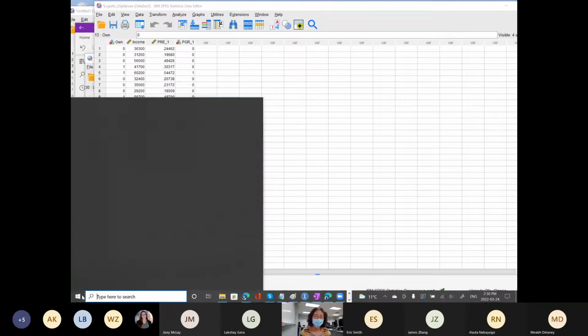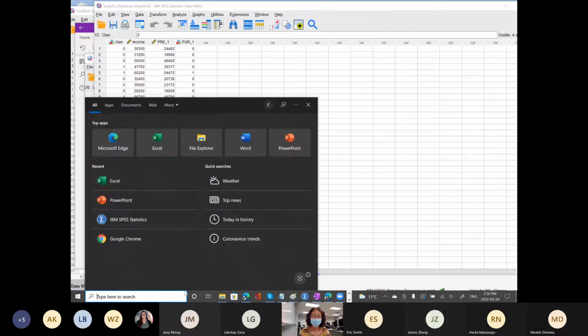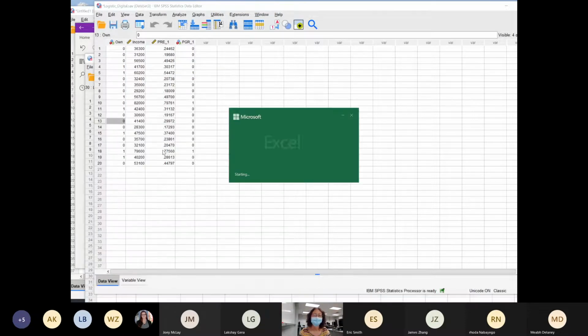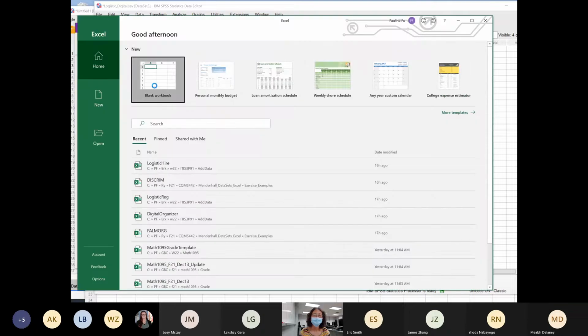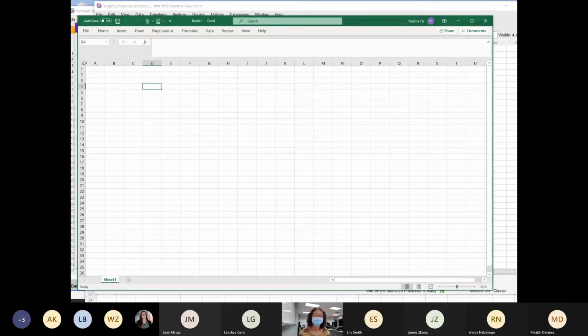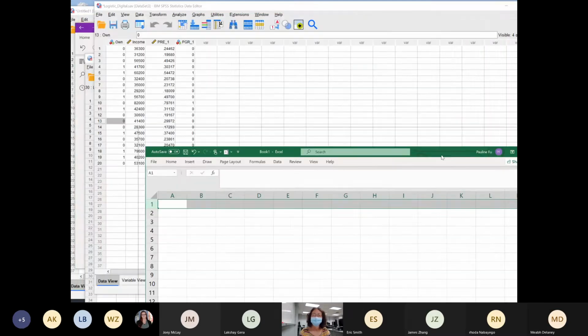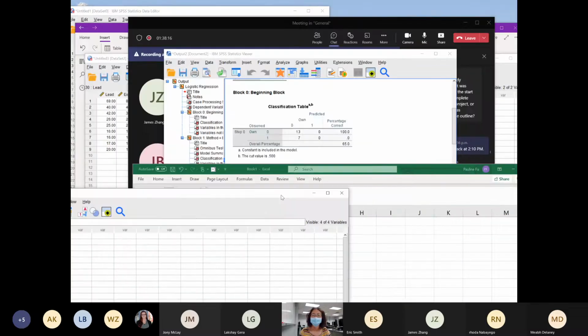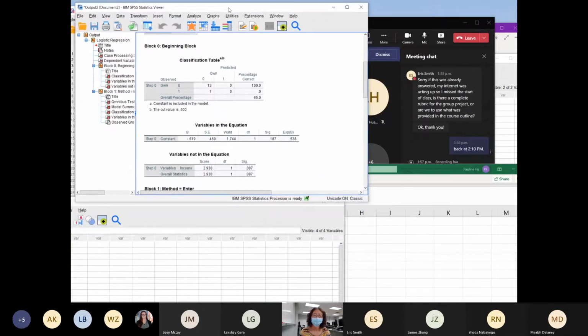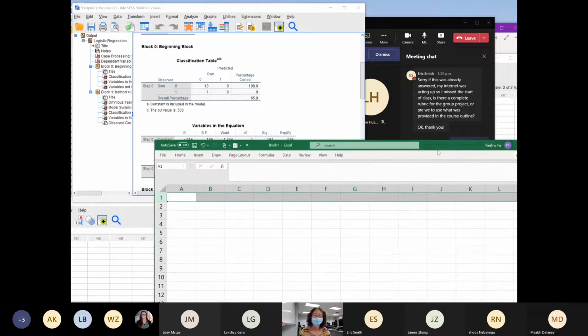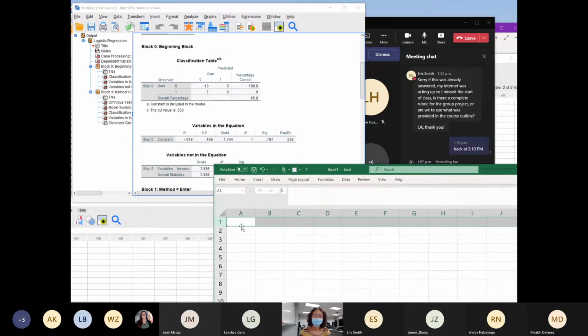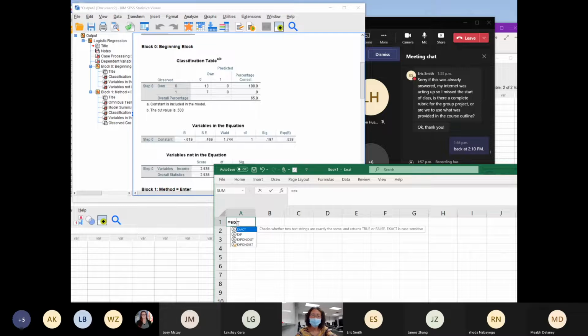So if I open Excel, any Excel, in Excel, if you type in EXP of negative 0.619, you will get 0.538.